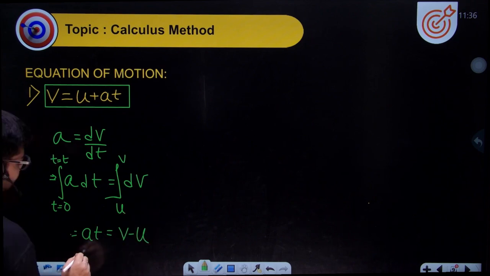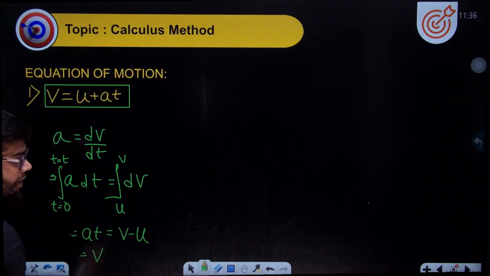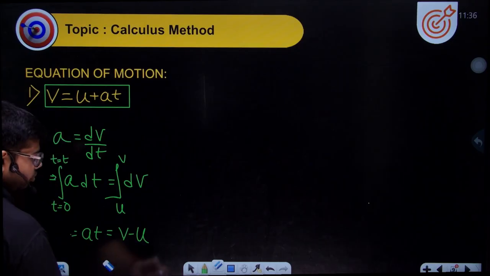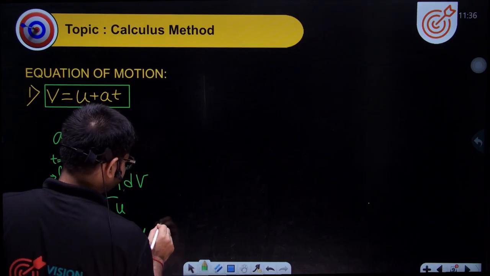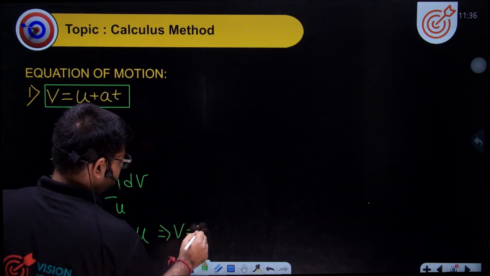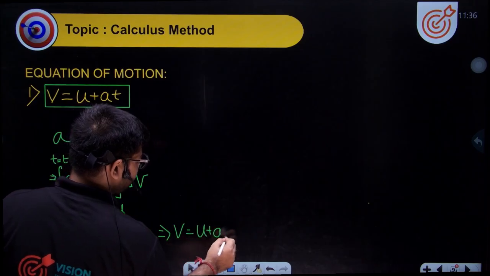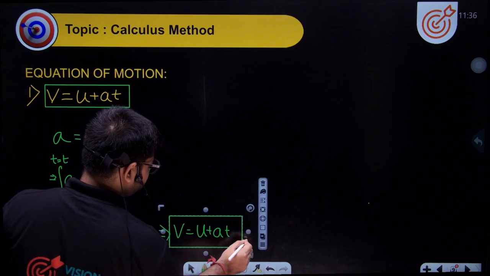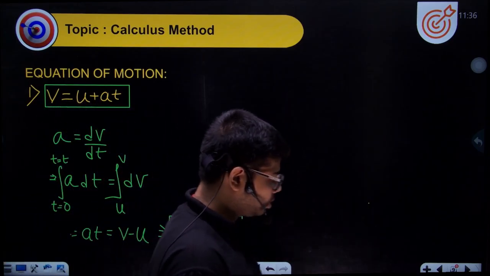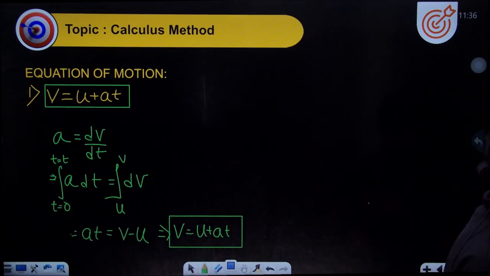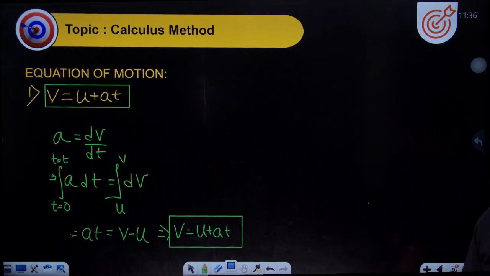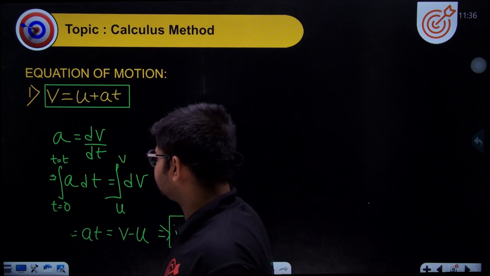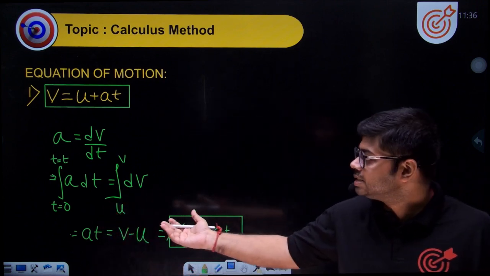That means v is equal to u plus at. So the first equation of motion we have derived by using the calculus method. Please note this derivation.